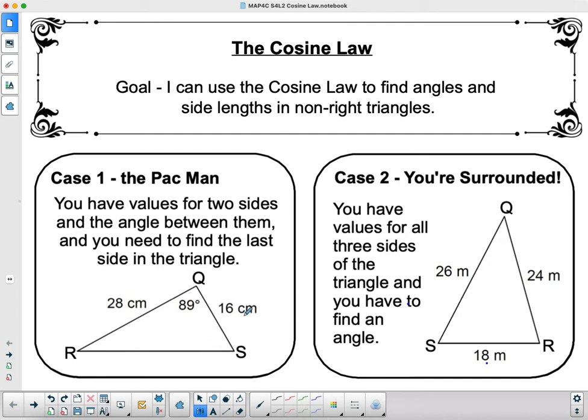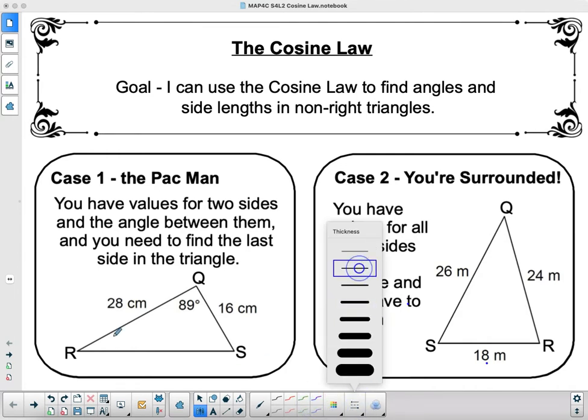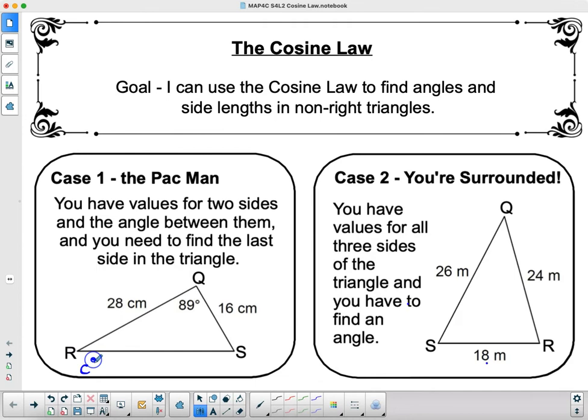So we need cosine law, and the formula for this is c squared equals a squared plus b squared minus 2ab cos c.